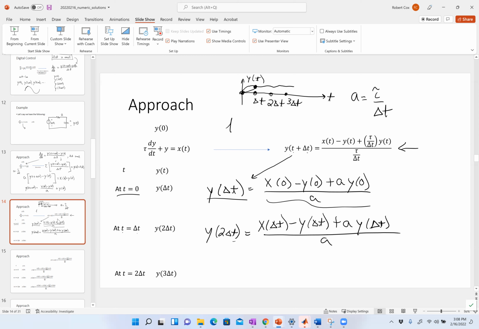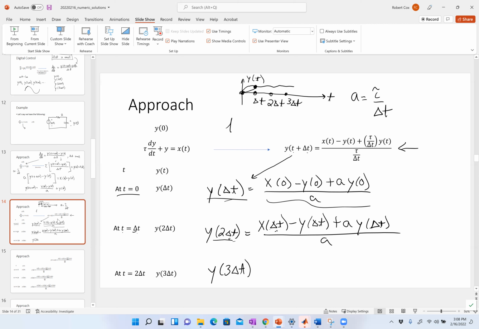Now what am I doing? At delta t, I'm calculating the value at 2 delta t using the values that I already computed. I'm predicting what it's going to be. So what am I going to do at 3 delta t?